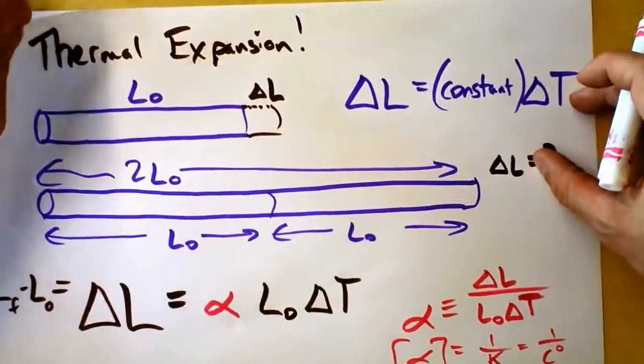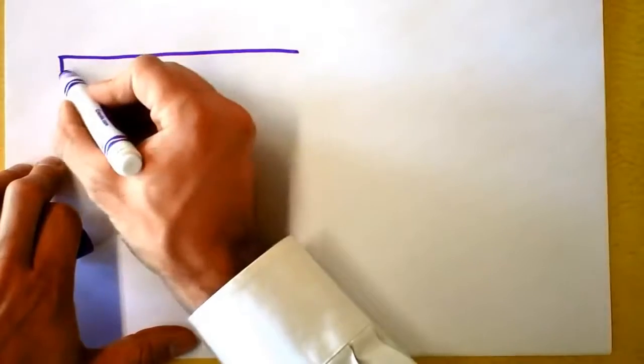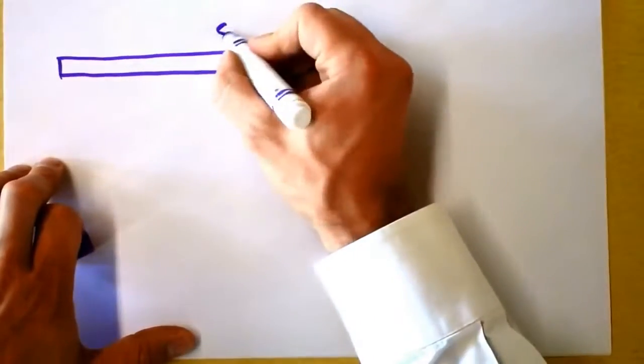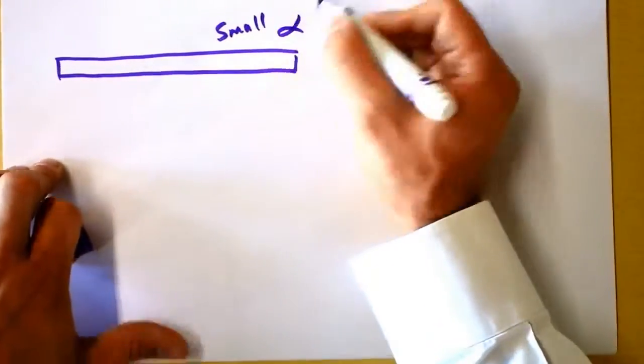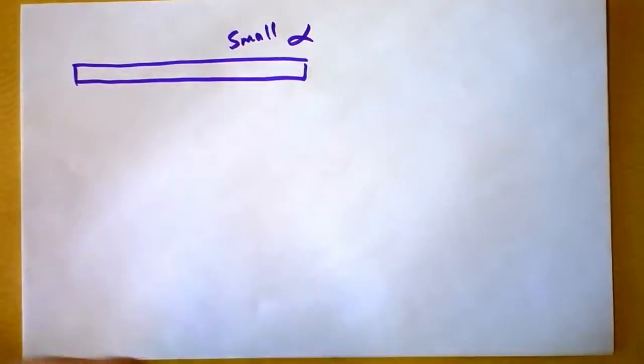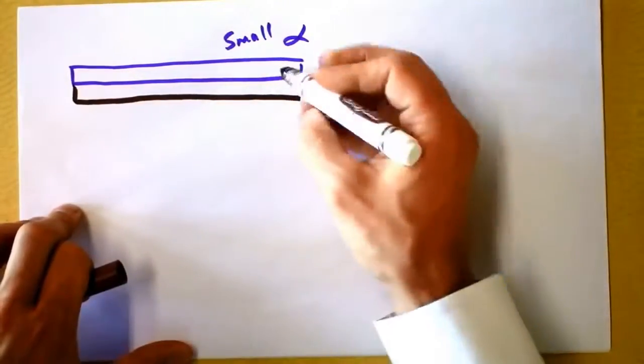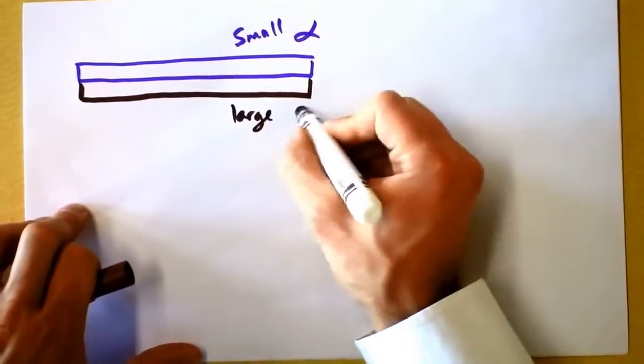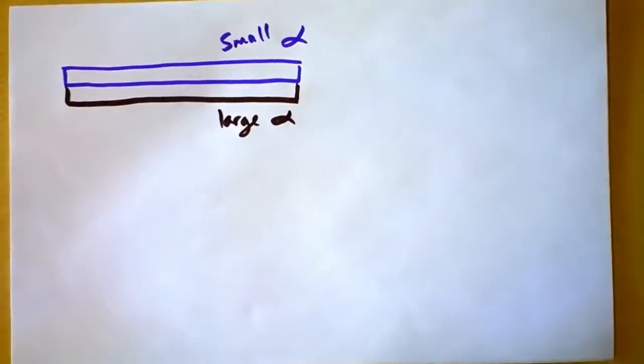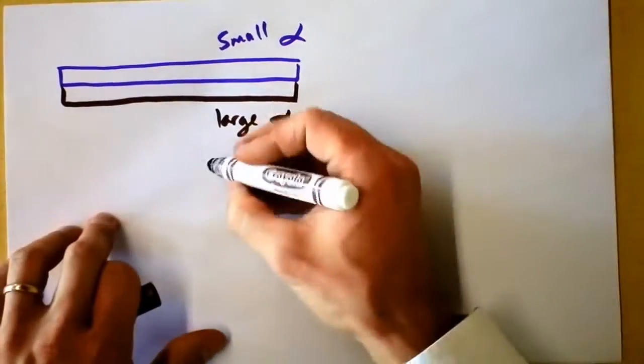And I want to ask you a question. What if I had one strip of metal and I noticed that it had a small alpha, and another strip of metal, and I glued it to it, and my other strip of metal has a large alpha, and I heat it up.